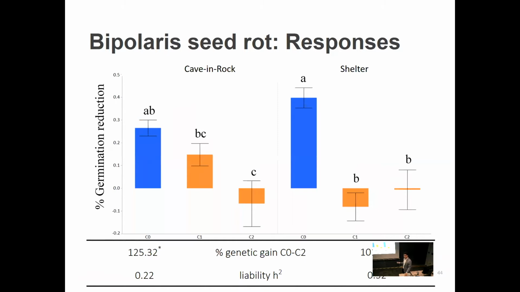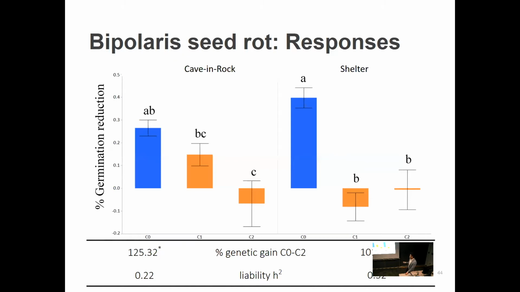Based on this huge improvement in percent germination reduction, the percent genetic gain between cycle 0 and cycle 2 is over 100%, which is around 60% per cycle of selection in Cave-in-Rock. It's also around 50% per cycle of selection in Shelter.